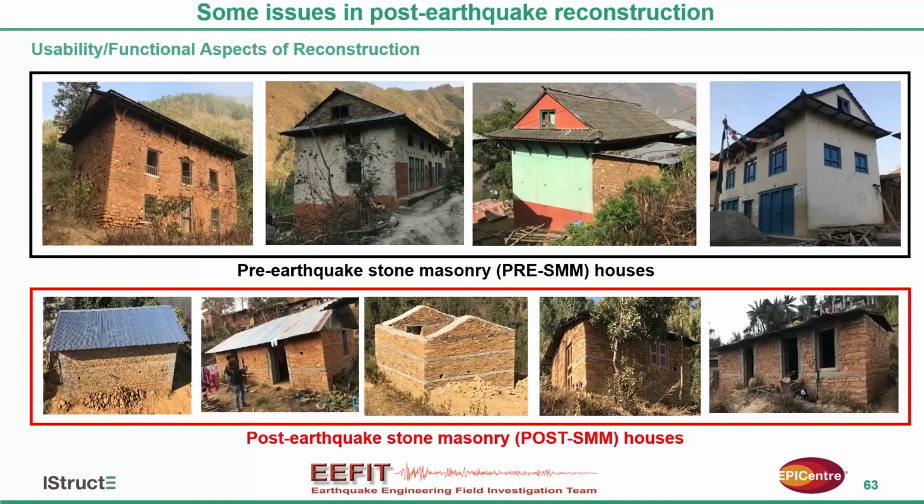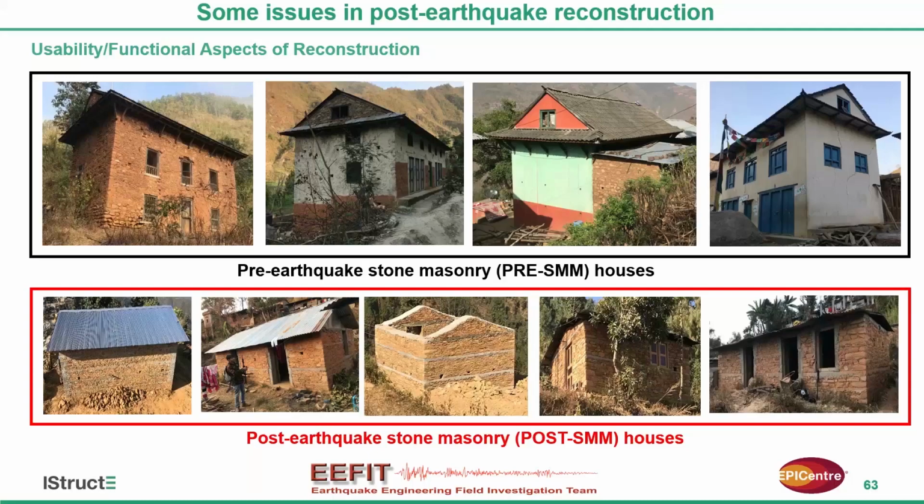So if you compare these two houses, new houses are mostly single-storied, while the previous pre-existing houses were almost 2 to 3 storied generally. Now, if you compare the footprint of these houses, the footprint are almost comparable or even smaller in these houses, making 1 to 2 rooms available only.